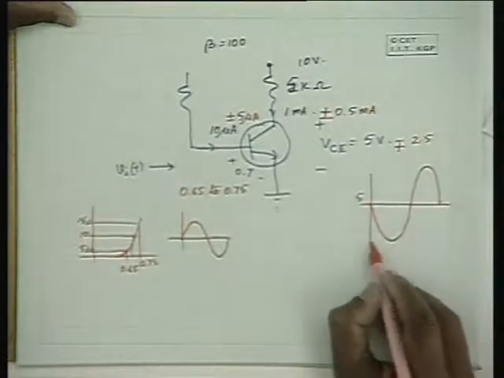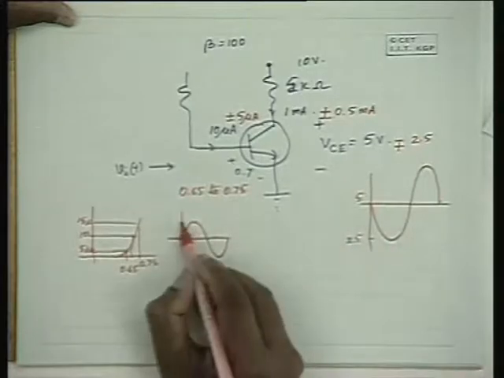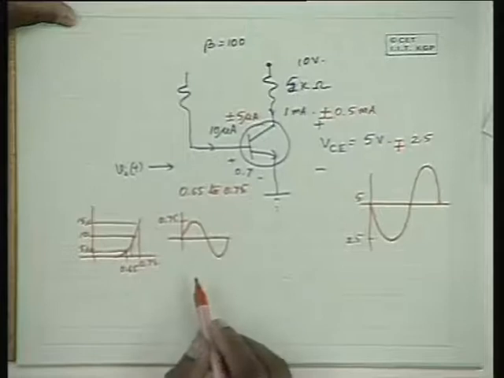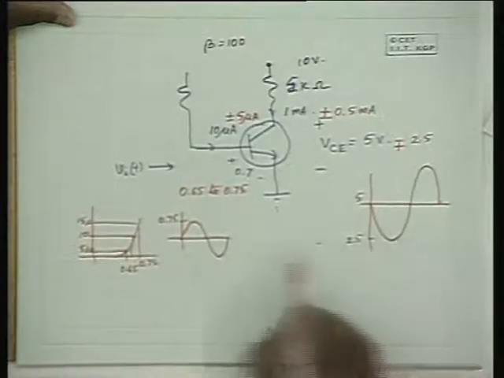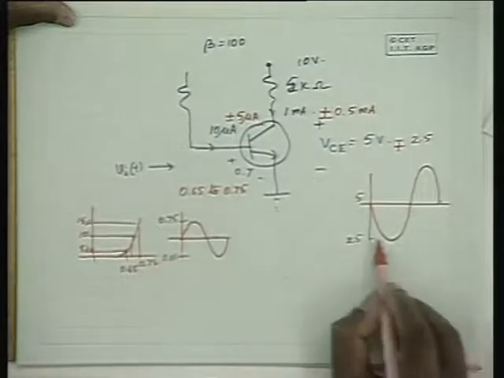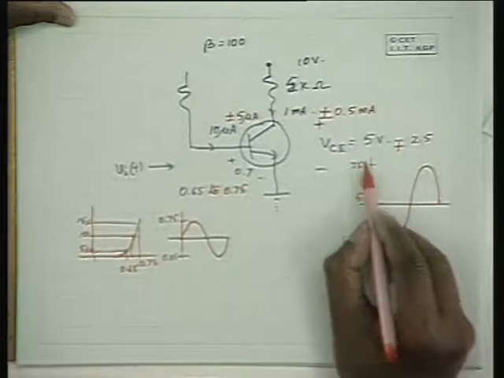So this 5 volts will go down to 2.5 when the input rises to 0.75 volts, and when the input drops to 0.65, the output rises to 7.5.